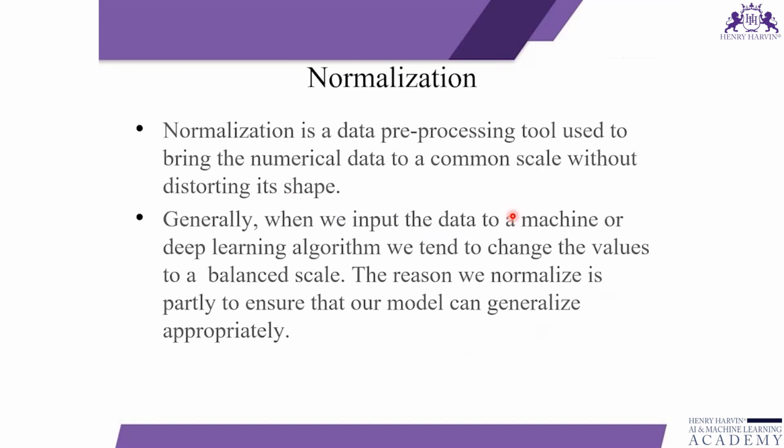Normalization is a data pre-processing tool which is used to bring numerical data to a common scale without distorting its shape. Generally, when we input data to a machine learning or deep learning algorithm, we tend to change the values to a balanced scale. The reason we normalize is partly to ensure that our model can generalize appropriately.